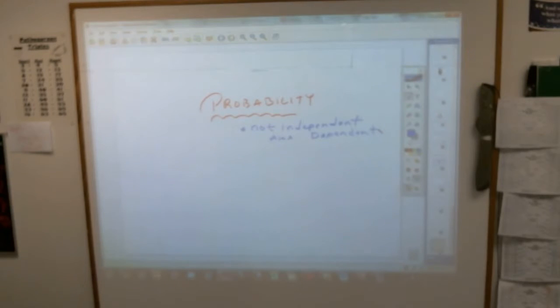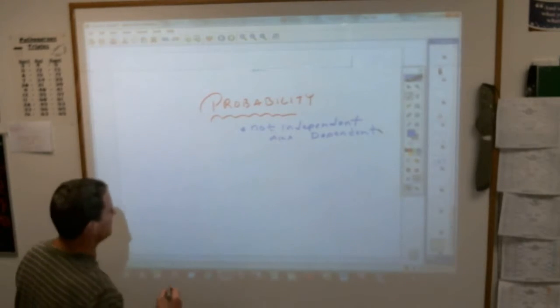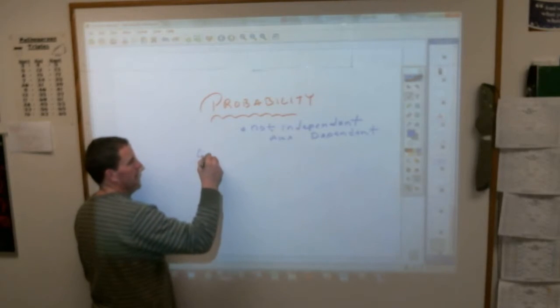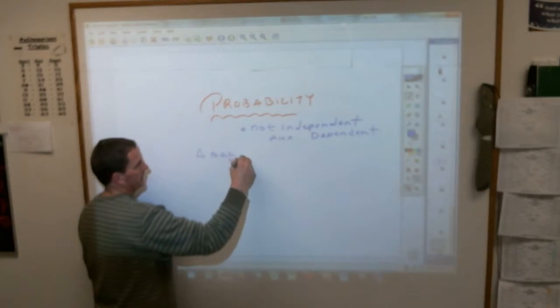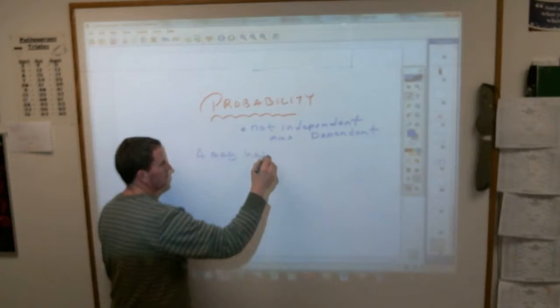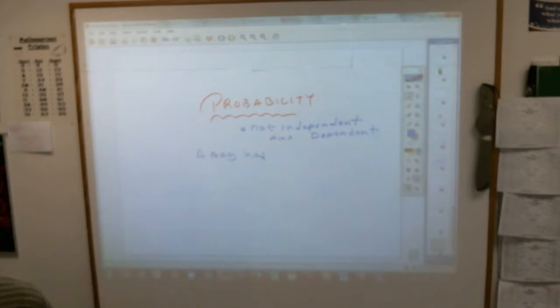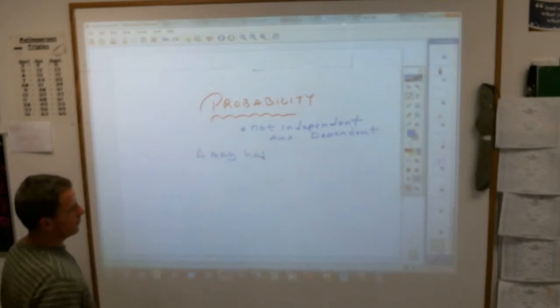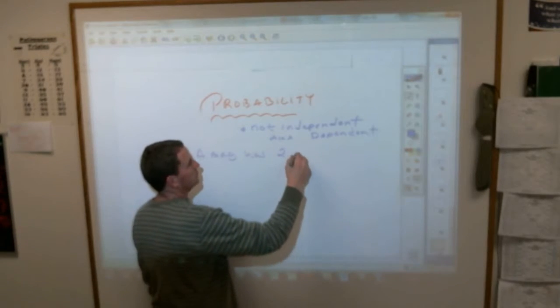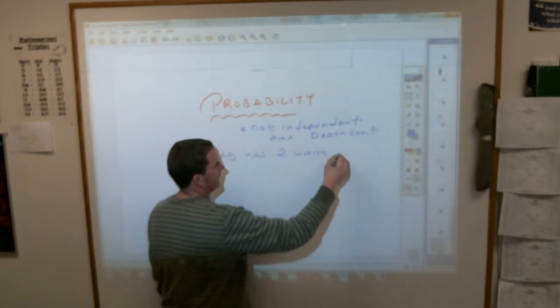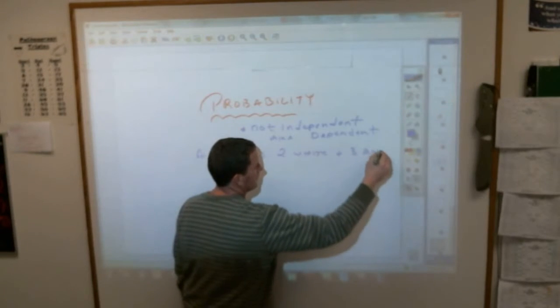A bag contains 2 white marbles and 3 blue marbles.